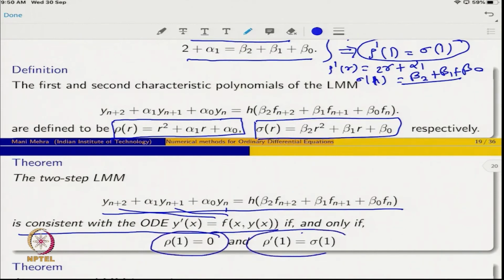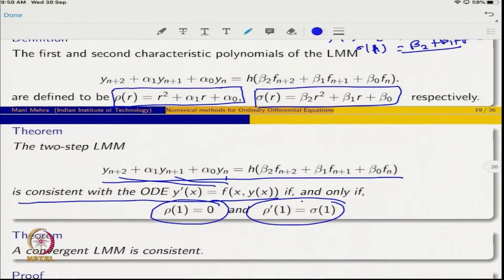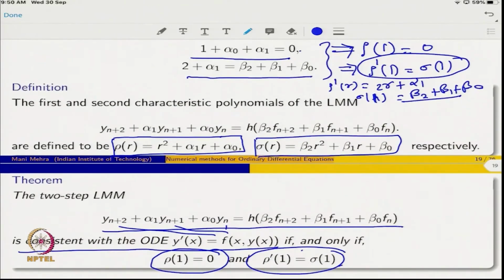That is what we have already derived here. So, the two-step linear multi-step method is said to be consistent with the ODE if and only if these two conditions are satisfied. You write either in the following form of a characteristic polynomial or in the following way. Both are equivalent ways of saying the same thing.